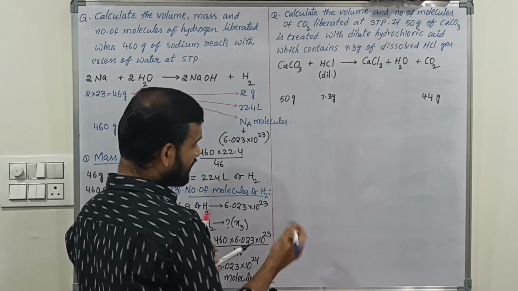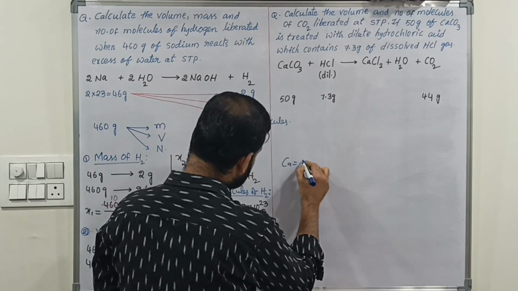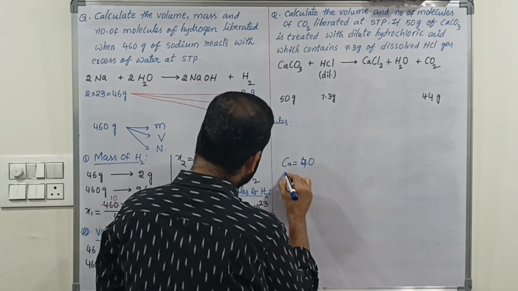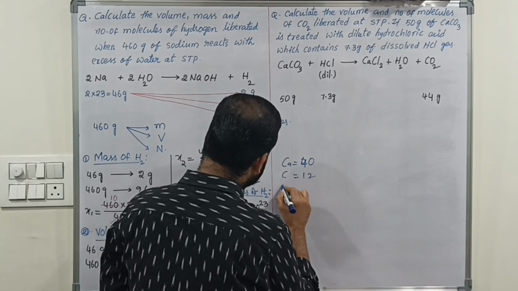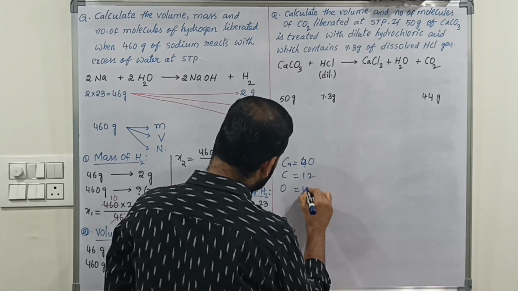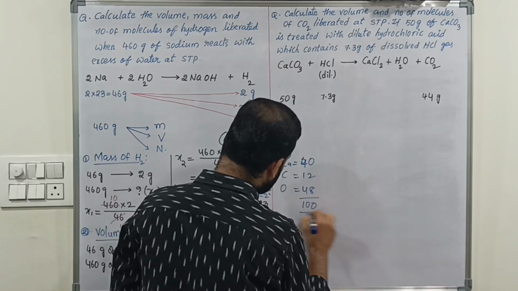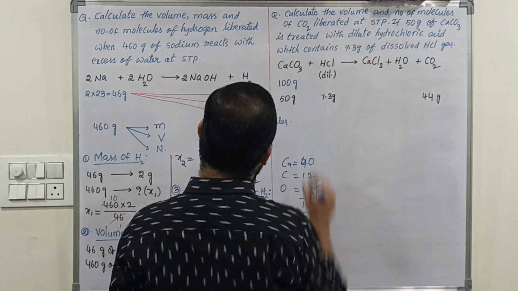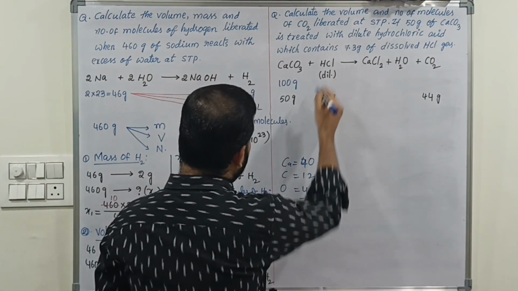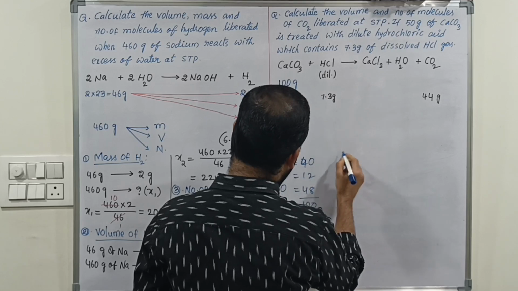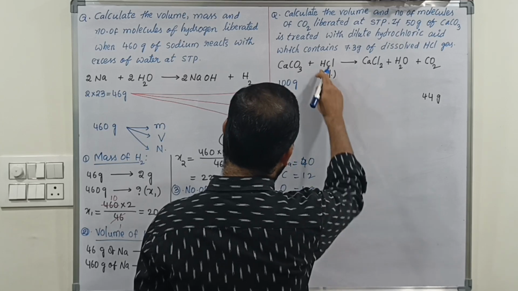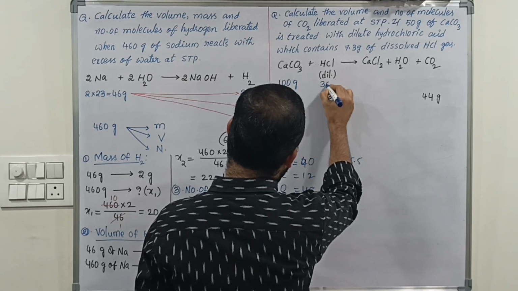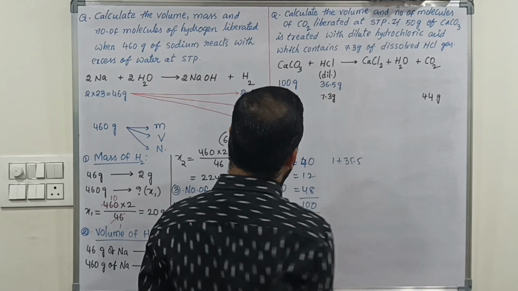Calcium carbonate: calcium atomic number is 20, atomic mass is 40, carbon is 12 and oxygen is 16, 16 times 3 is 48. So here it is 100 grams. As per the equation, 100 grams of calcium carbonate reacts with HCl, whose molecular weight is 1 plus 1 for hydrogen, 35.5 for chlorine, so that is 36.5 grams.